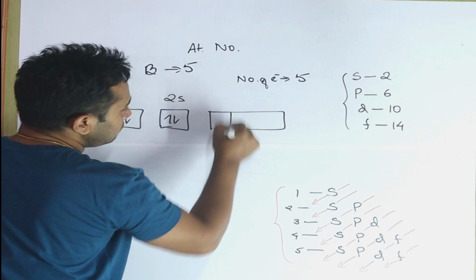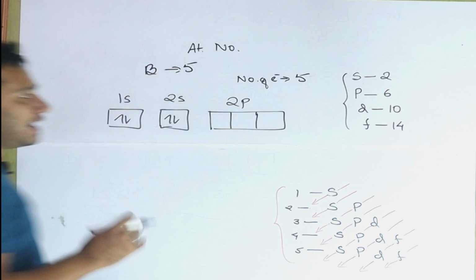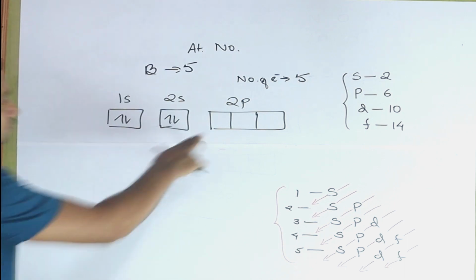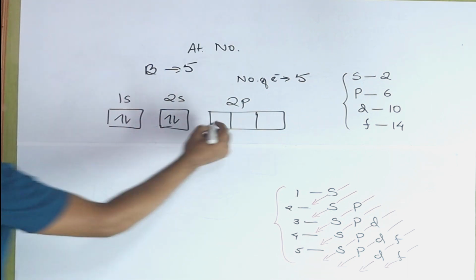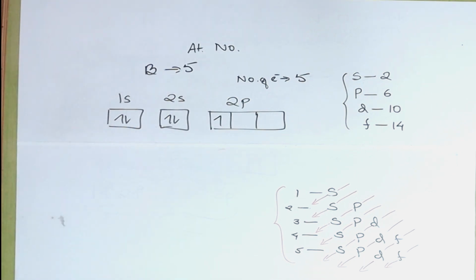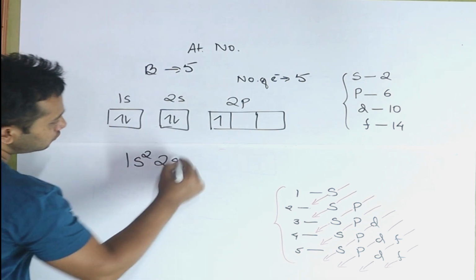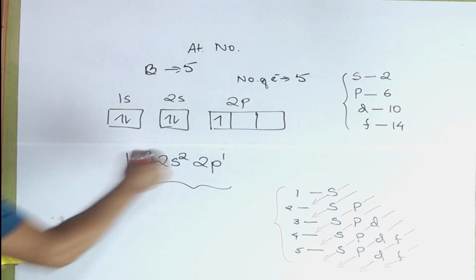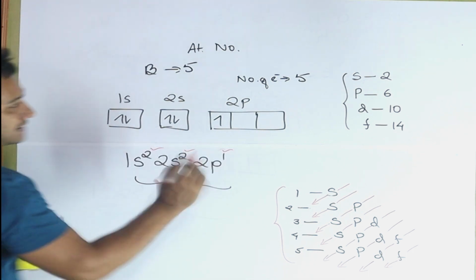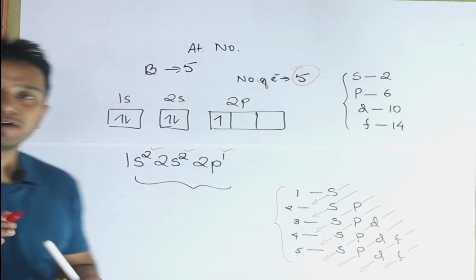In p we can fill 6 electrons, and in p we have px, py, pz. So 1 more electron will come here. So 5 electrons, right? What will be the electronic configuration? 1s2, 2s2, 2p1. So 2 plus 2 is 4, 4 plus 1 is 5. So again, it is correct. There are 5 electrons.